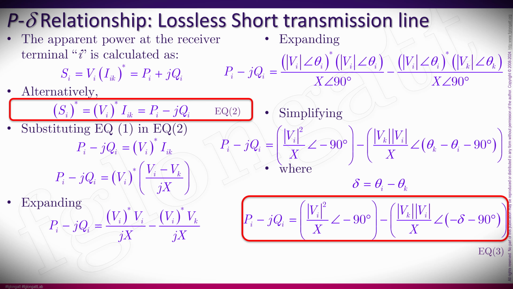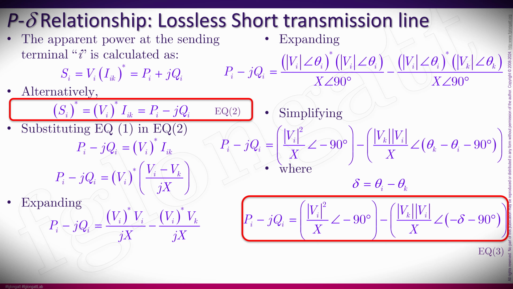So let me go here for a second, because in this slide you can see that we are using the subscript I, and that subscript is for the sending terminal.